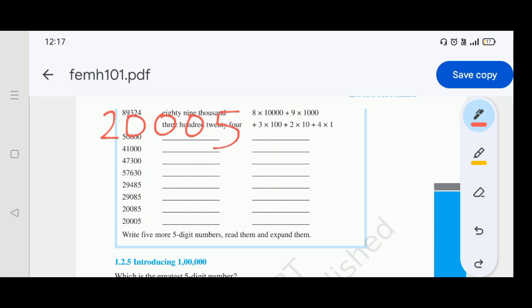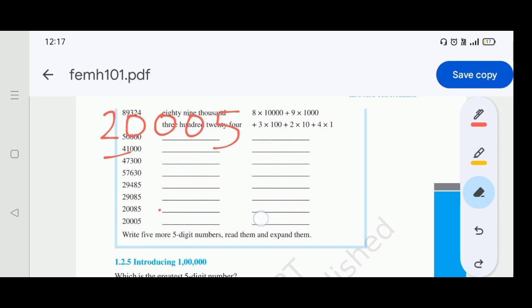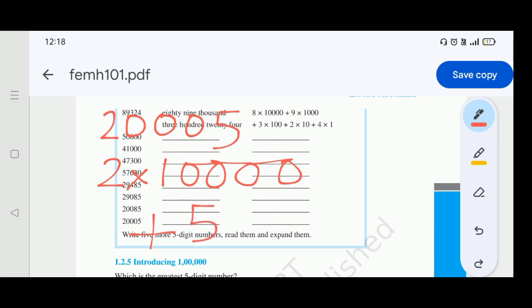Next is 20,005. This is the number name, and we can write 20,005 as 2 into 10,000 plus 5, because there are no hundreds place, thousands place and tens place.